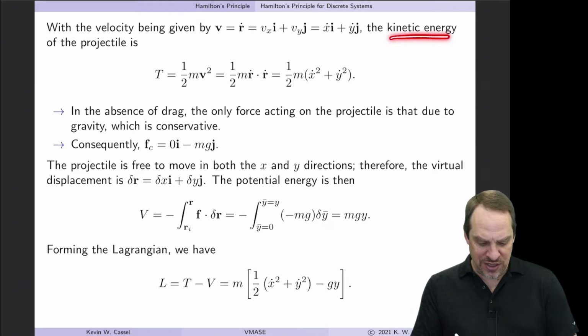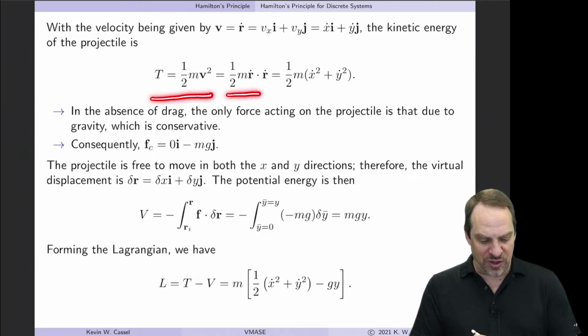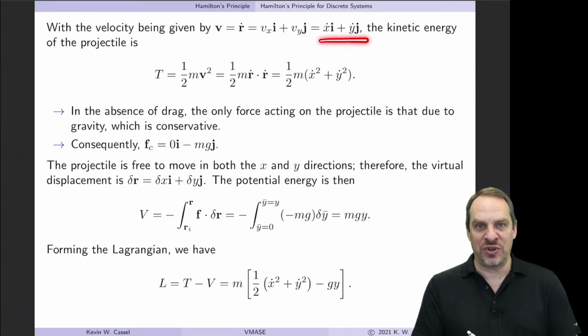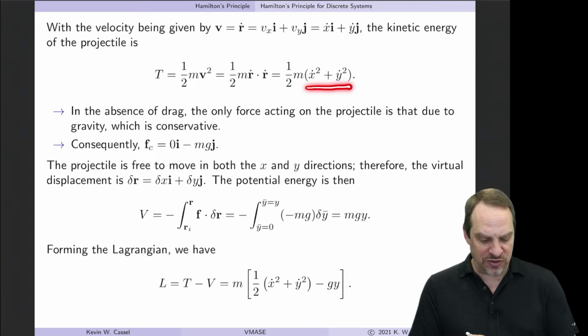So then the kinetic energy of our projectile, in other words, 1/2 m v squared, or 1/2 m r dot dotted with r dot, is then just x dot i plus y dot j dotted with itself, which is x dot squared plus y dot squared. So it's a scalar. It's the sum of the squares of the components of the velocity. So 1/2 times m times the quantity x dot squared plus y dot squared.